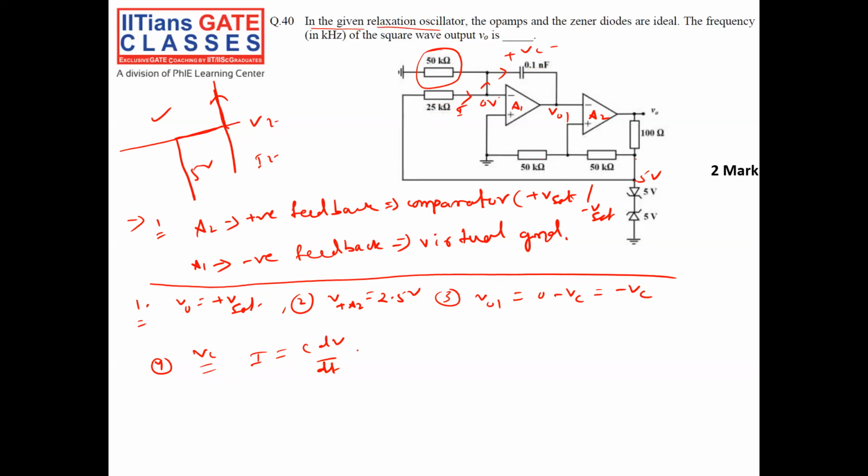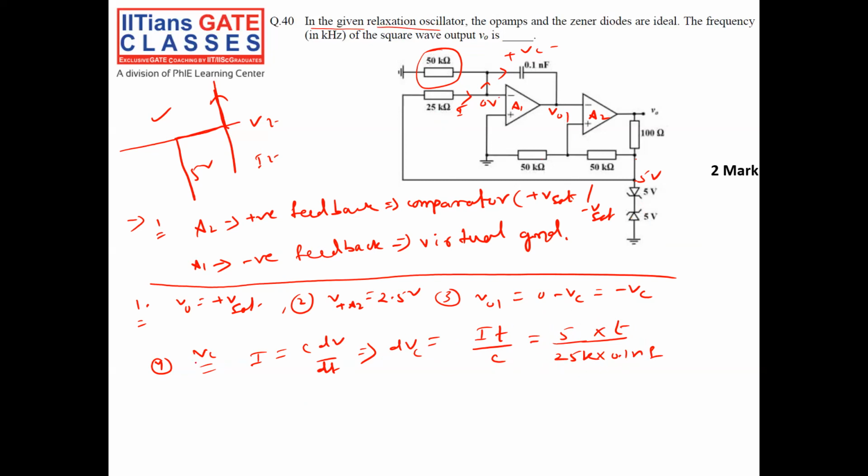Since here I is a DC current, dVC is equal to I into T divided by C. And I is nothing but 5 volt divided by 25k, into time, divided by C. C is 0.1 nanofarad.